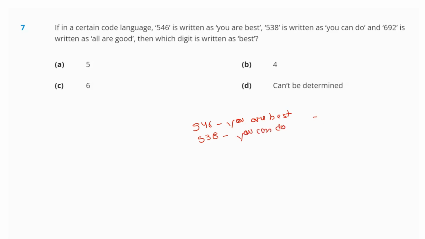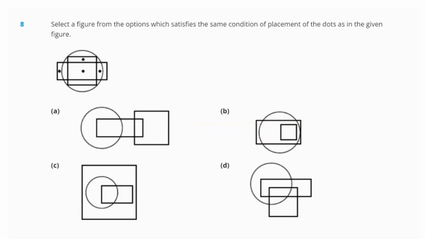So we can conclude from these two that 5 is you. Now 692 says all are good. So 'are' is common, and 6 is common. So we can say that 6 represents 'are'. So best represents 4, because 4 is remaining. So answer B is a correct answer. Moving on to the next question.